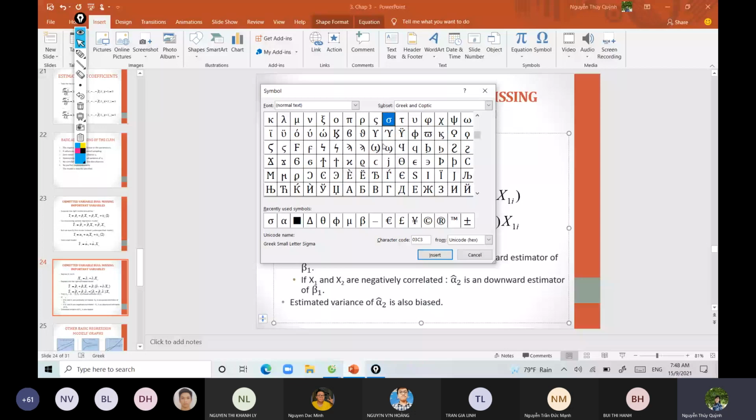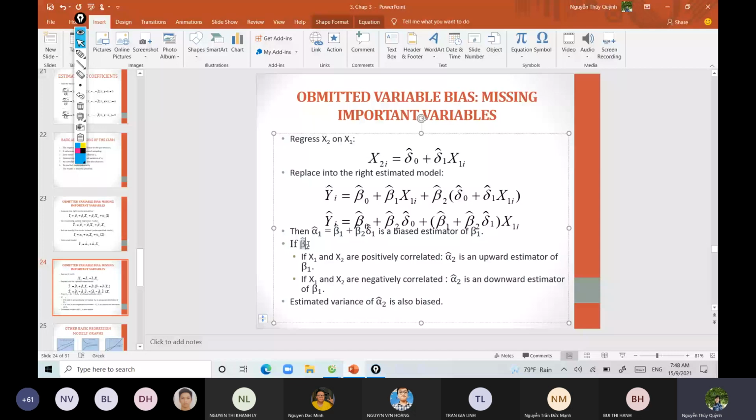If beta 2 hat is greater than 0, let's see the case when beta 2 hat is greater than 0, and x1 and x2 are positively correlated. Now I made some mistake here in writing the slide. So if you are using the slide that I sent you, please make the correction accordingly.